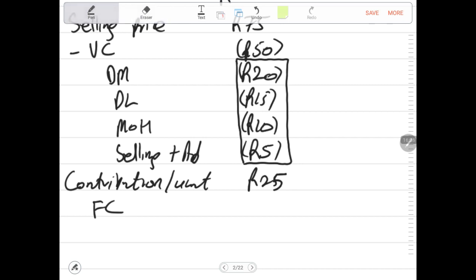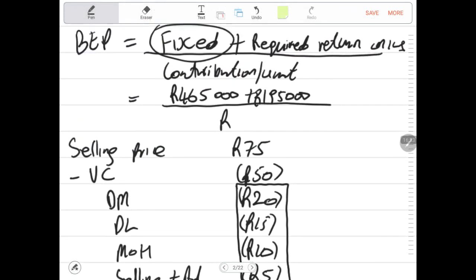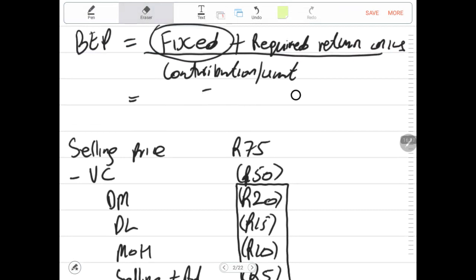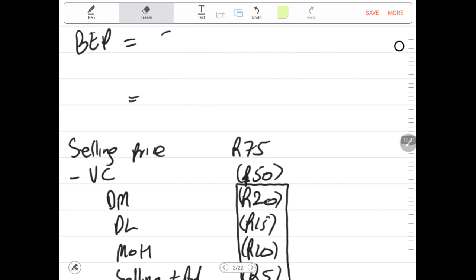Now we can calculate our break-even point. Our break-even point in units, we know, will be total fixed cost divided by contribution per unit.